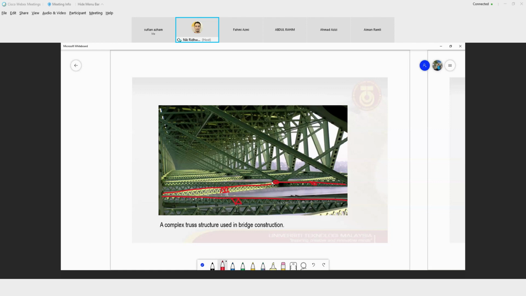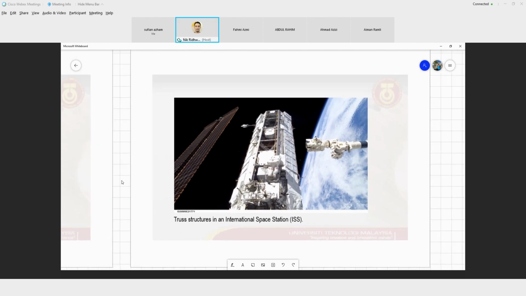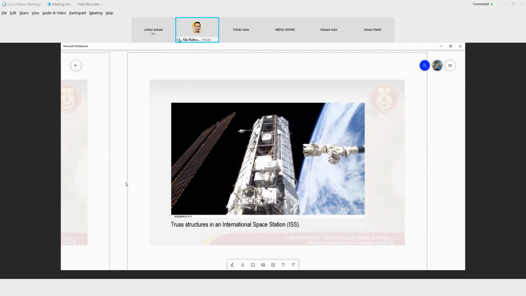And then ada lagi ni, yang ni macam beam ni, yang ni beam. So as you can see here, small trusses can make up a big trusses. So ini pun untuk jambatan ni. And then plane trusses is very famous in aerospace construction.